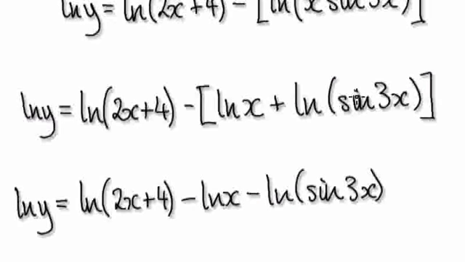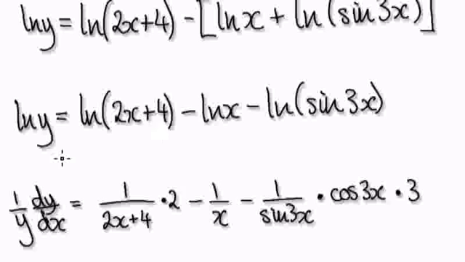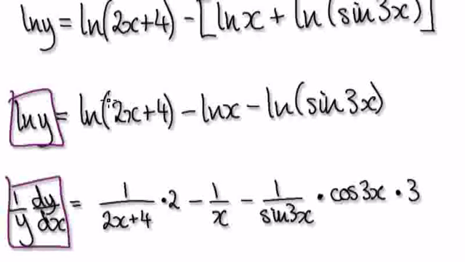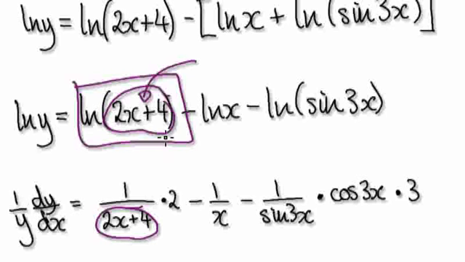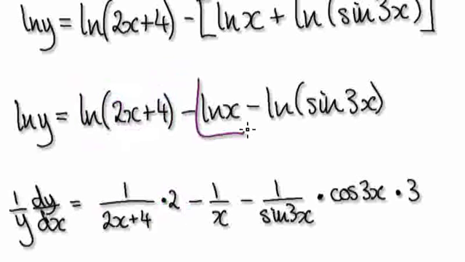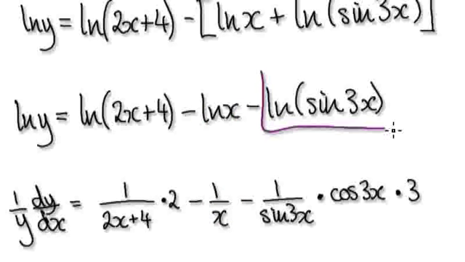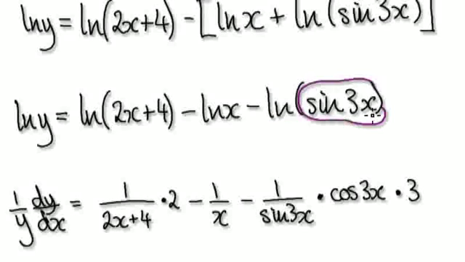Okay, so now use implicit differentiation. So that will then differentiate this. That will then give you this. And then differentiate this here will be 1 over this thing, and then you've got to times the derivative of this bubble here, which is just 2. That's this 2 here. And then come to differentiate this, it will just be 1 over x, and then differentiate this here. So differentiate this will give you 1 over this bubble here.